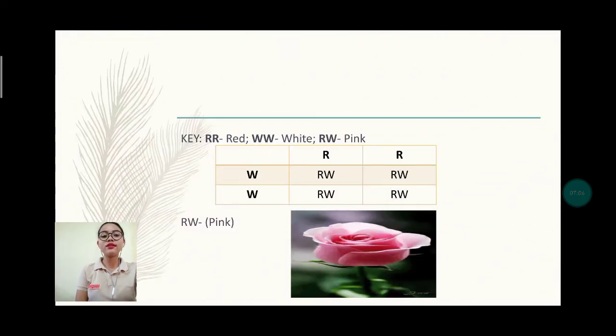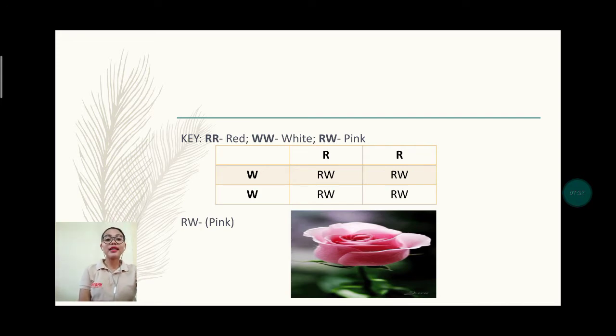Okay, take a look at this. So, we are going to use key in order to solve with the possible offspring. Big letter R indicates for the color red. WW indicate for the color white. RW indicate for the color pink.